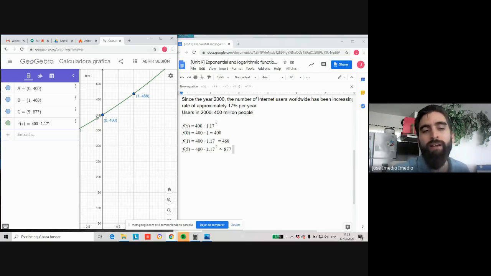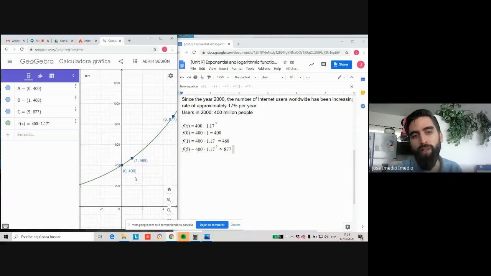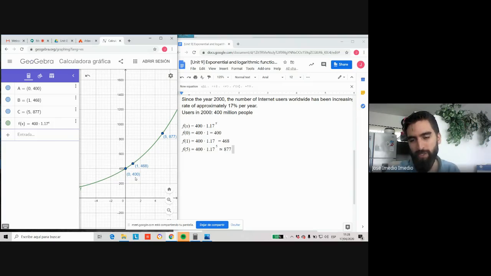It's growing progressively. Of course, this is not going to be perfectly following that curve, but we are modeling real-life situations using math. A math model is not exact, it's an approximation, but it helps us to build formulas and to make predictions. Okay. I'm going to stop here and I'll continue in the next video.